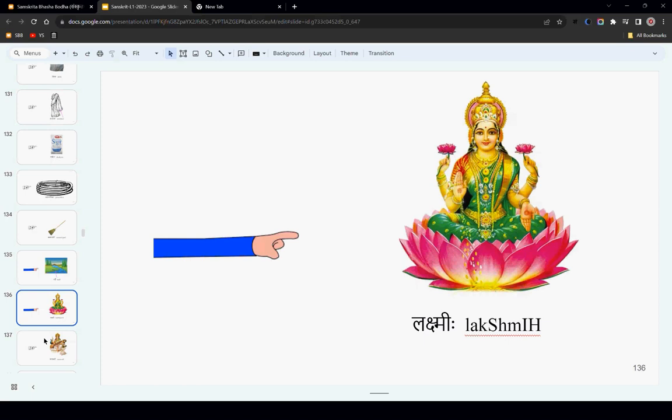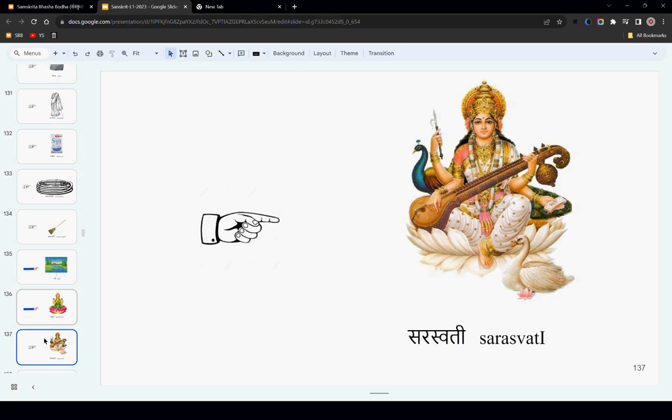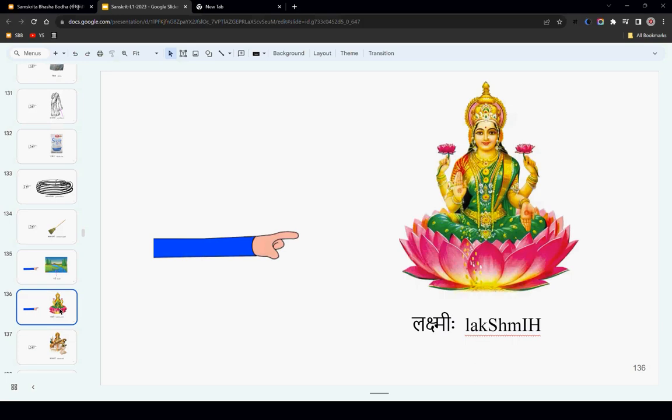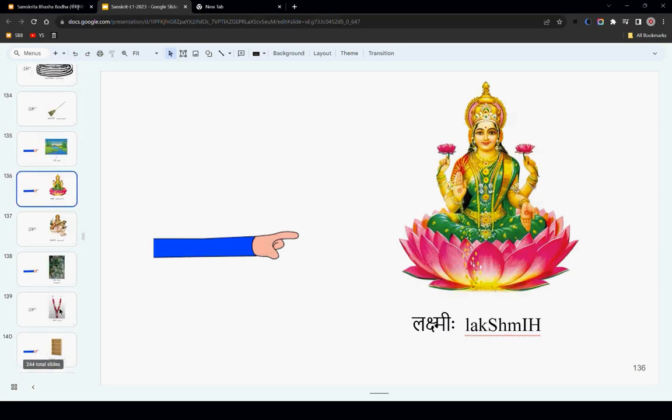Note, this is not just Lakshmi, but there is a special word here. There is a Visarga at the end here, Lakshmi. But there is no Visarga at the end of Saraswati. This is like Nadi. Nadi and Saraswati, their word formation is similar. But whereas for Lakshmi, there is a Visarga at the end.